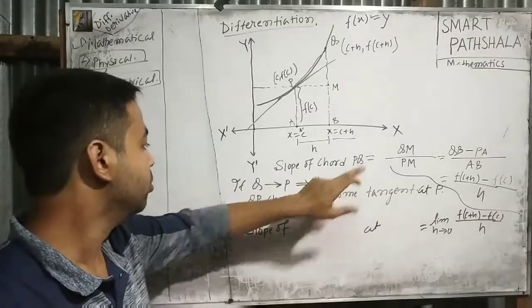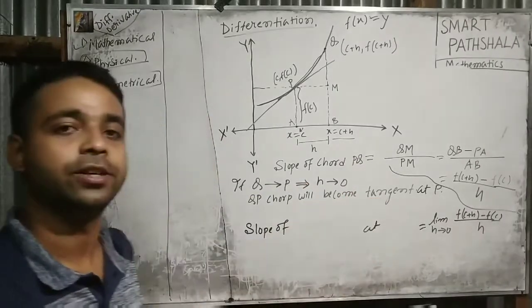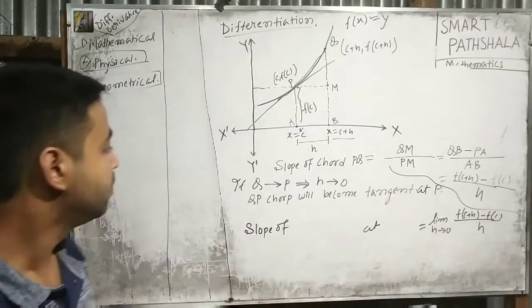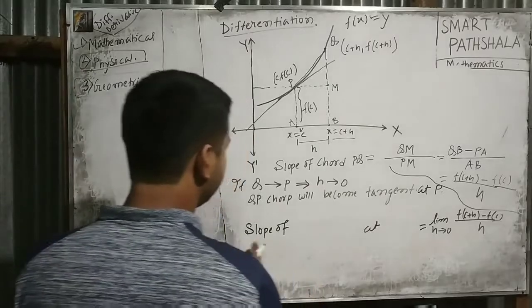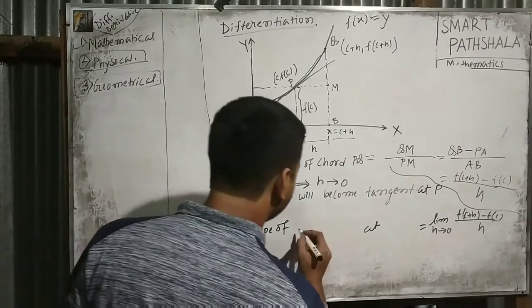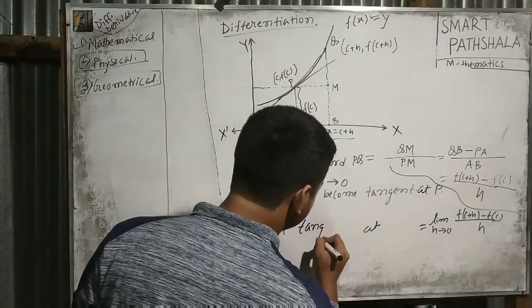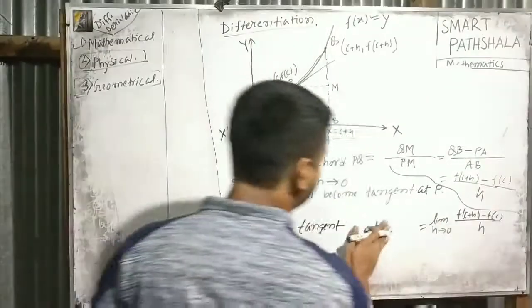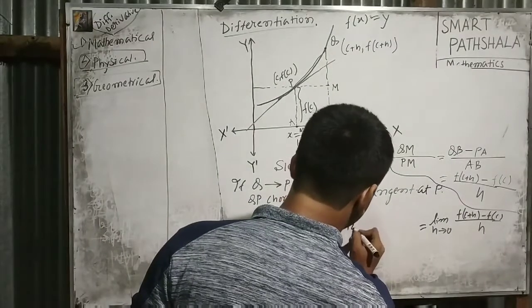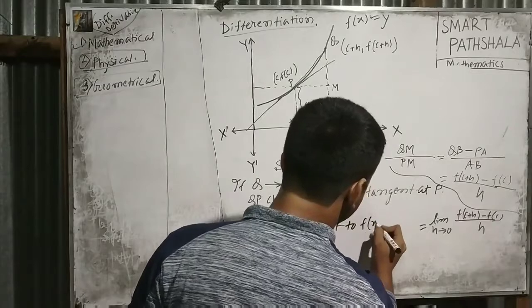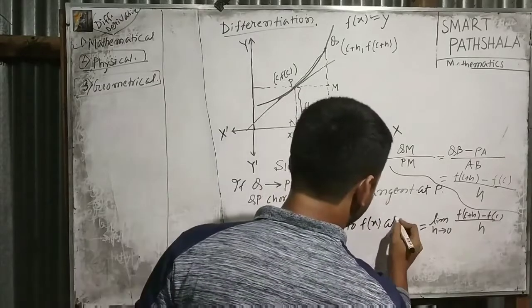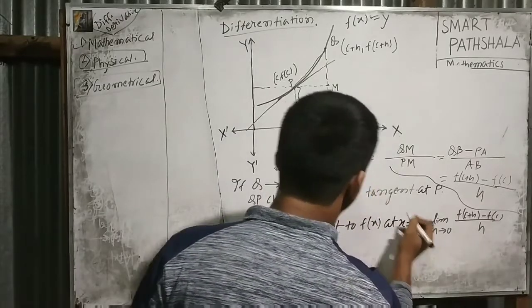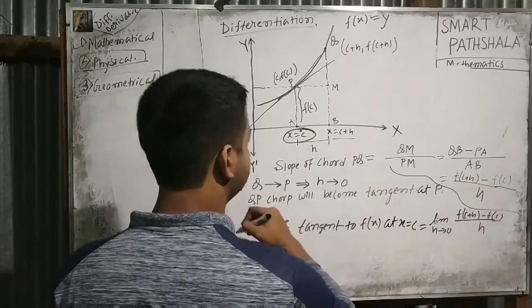Now the PQ becomes a tangent at this point. If the PQ is becoming a tangent, then we are calculating the slope of the tangent. Slope of the tangent to what? This curve f of x at x equal to what? X equal to this point, c.